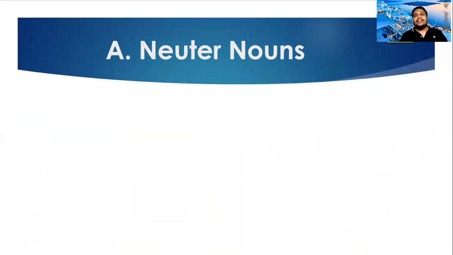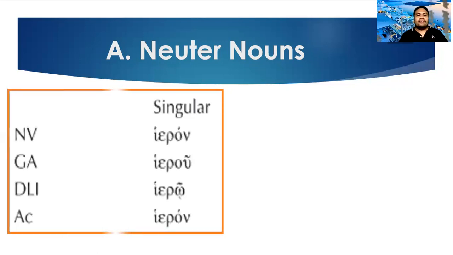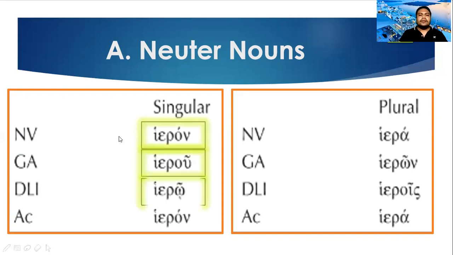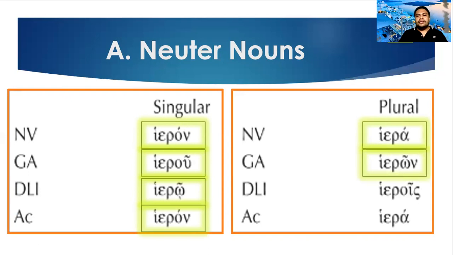Okay, very good. Finally, let's try one more, the noun hieron. So let's read from the nominative, vocative, singular form. Hieron, hiero, hiero, hieron, hiera, hieron, hierois, hiera.